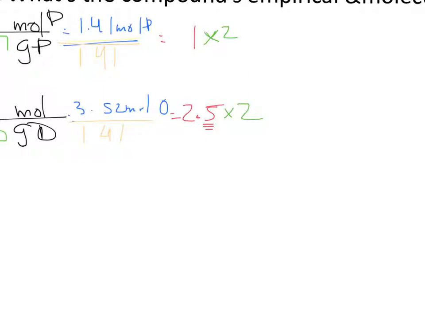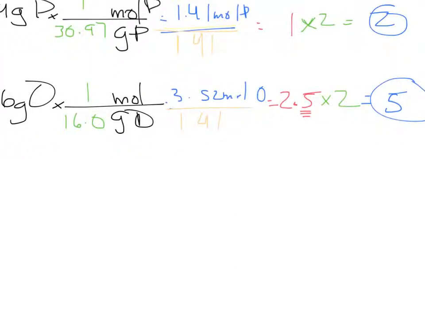That's the important key aspect here, okay? So when you do that, it should be obvious what's going to happen. You're going to get a value of 2, and you're going to get a value of 5. Well, now that's going to give us our empirical formula, which will be P2O5. And again, this is our empirical formula right here.